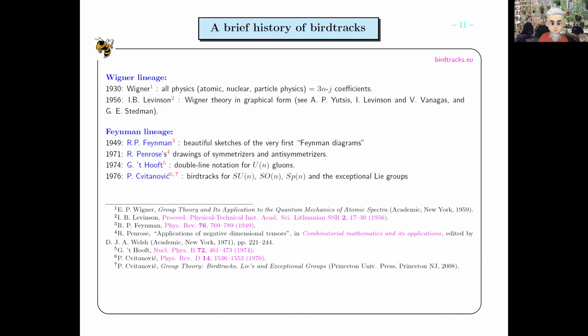And one thing I really like about the Birdtracks, this diagrammatic way of understanding group theory and tensors, was the statement of invariance that comes for continuous groups. And I'll come back to it.